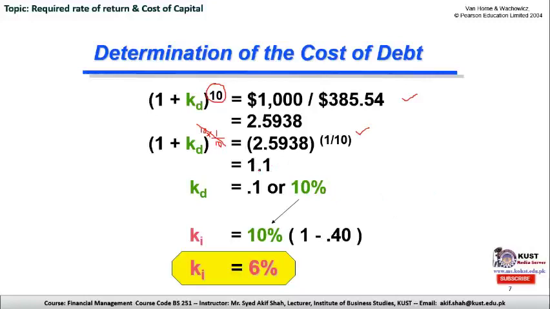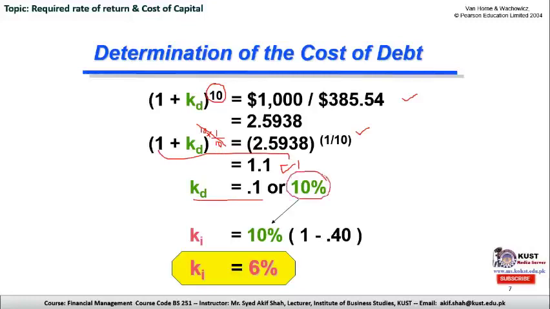By using simple mathematical calculations, we come up with 1.1, and if we subtract 1 from it, 1.1 minus 1, we're left with Kd equal to 0.1, which is ultimately 10%.